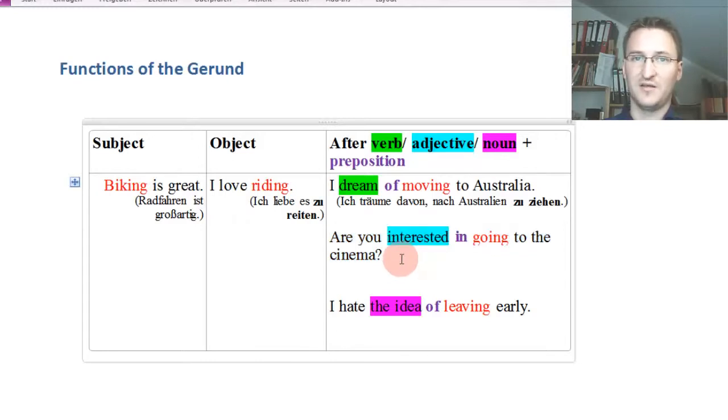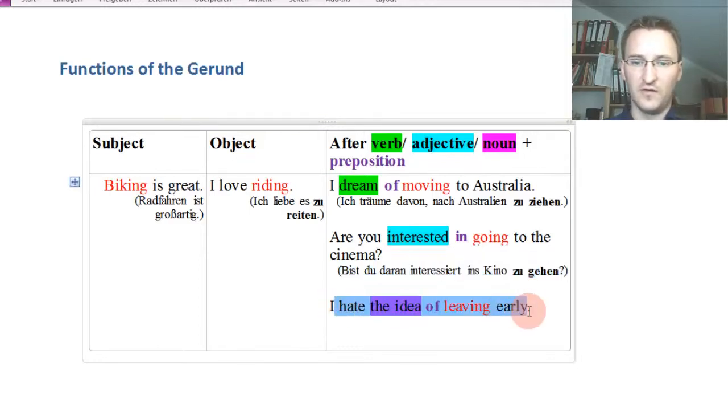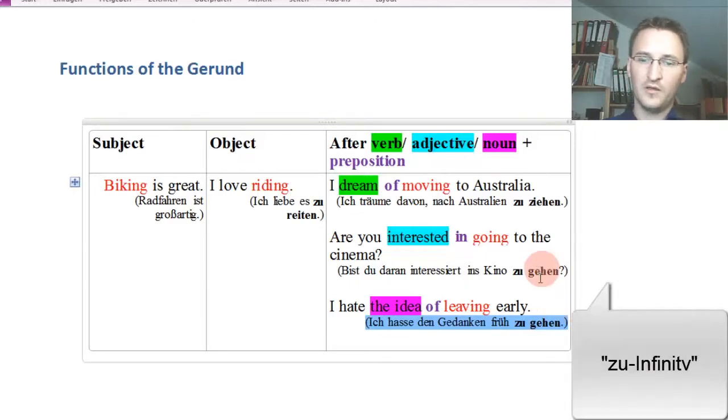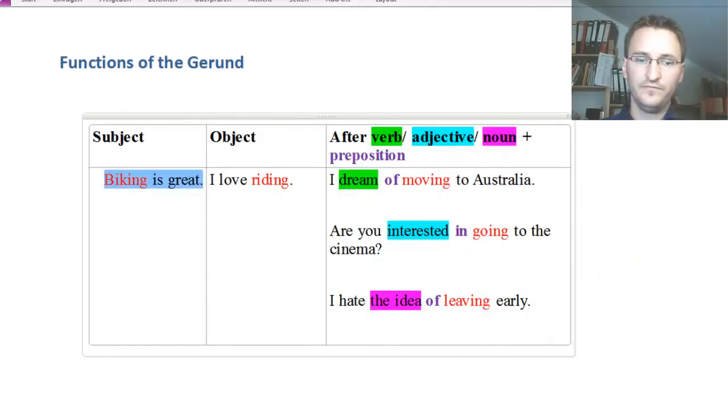Hast du Interesse daran, ins Kino, guess what, zu gehen? I hate the idea of leaving early. Ich hasse den Gedanken, früh zu gehen. This type of translation is called zu infinitive, and it is often used to translate the gerund.